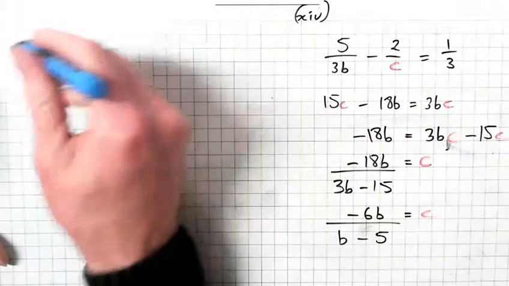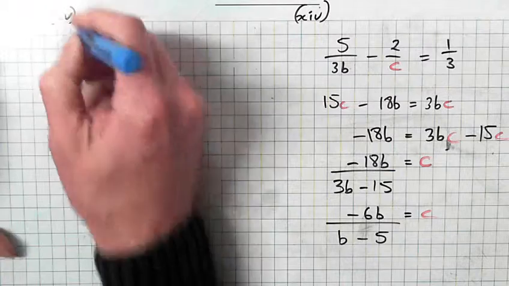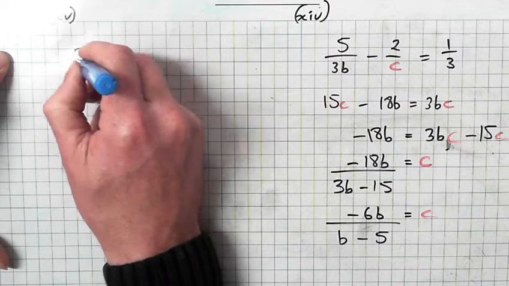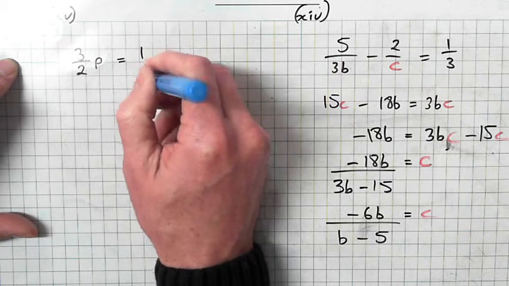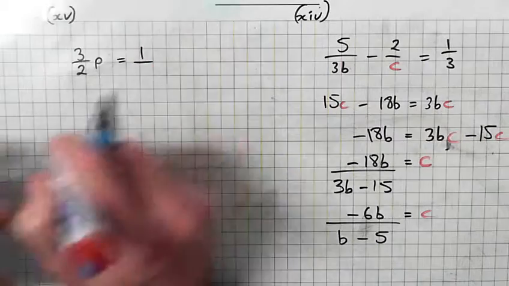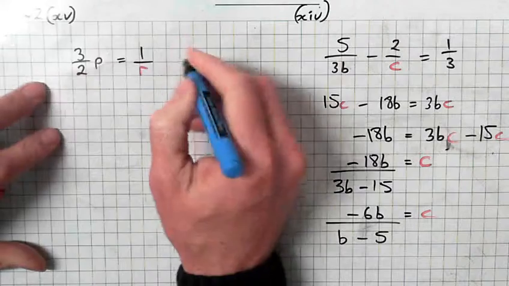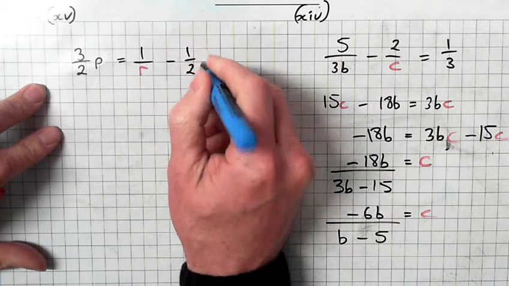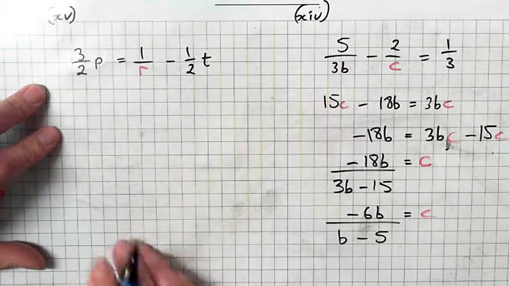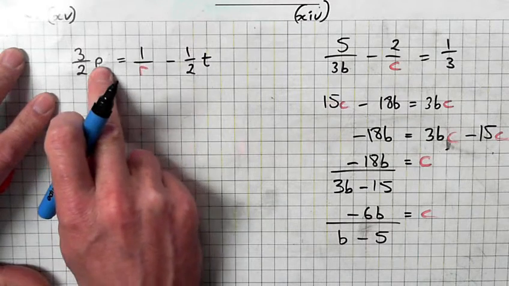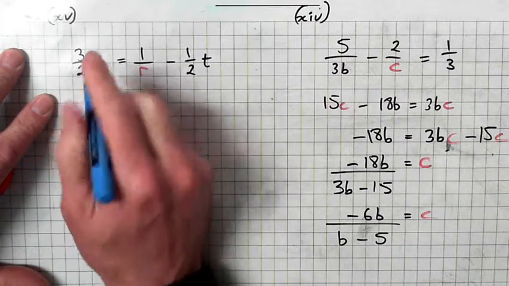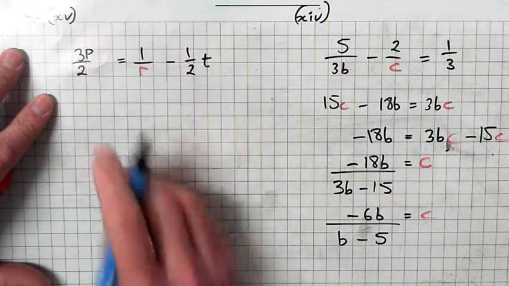And the next one, xv. Alright, in this case I'll just write P. P is P over 1, so I'll write P up beside 3.